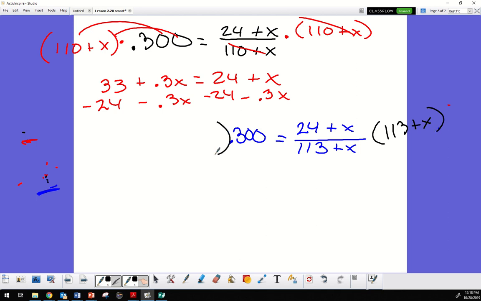Same thing to both sides. You're not putting it in yet. You have to do the algebra first. Distribute, same way we just did it a little while ago.